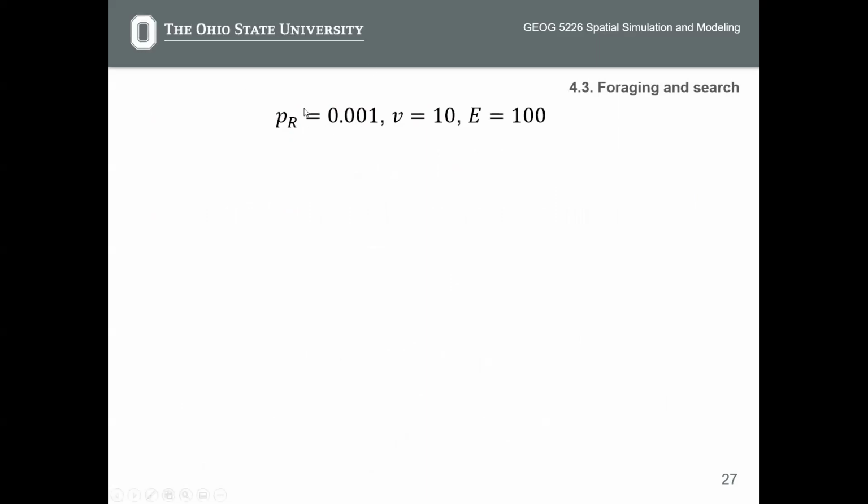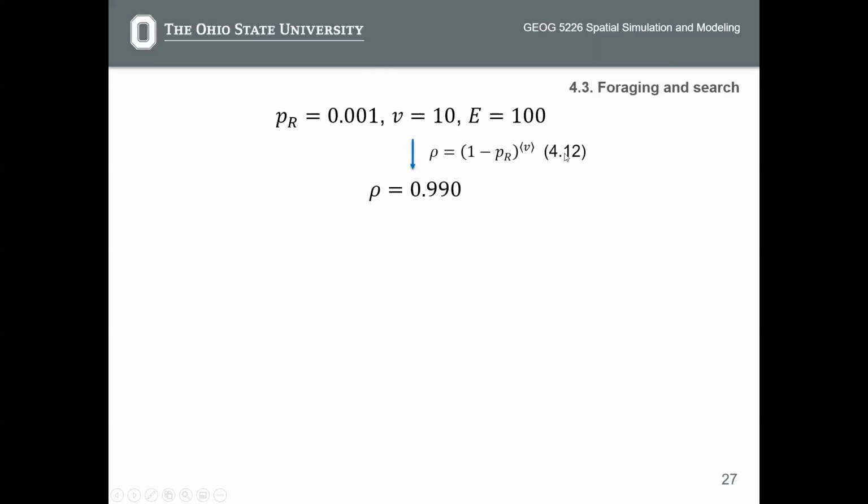So it's pretty hard to find a cell with food. Only a 0.1% probability that the walker will find food. And the vision is 10. The starting energy is 100, okay?